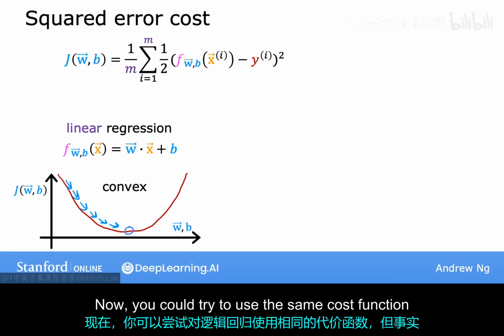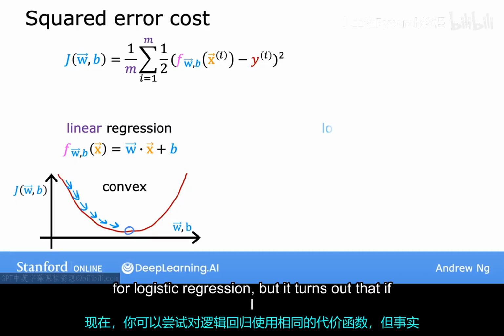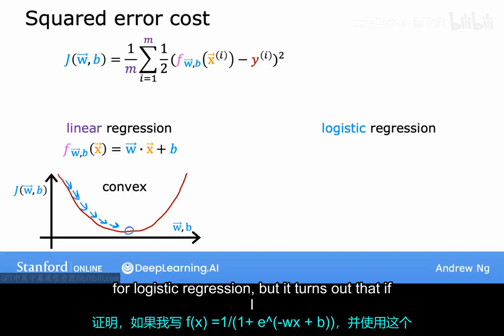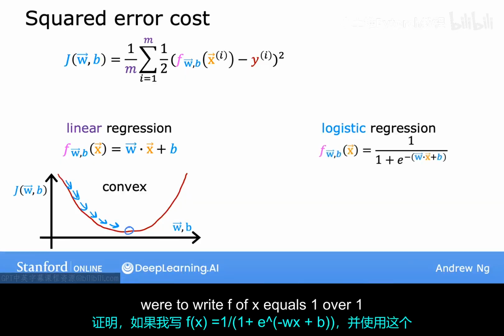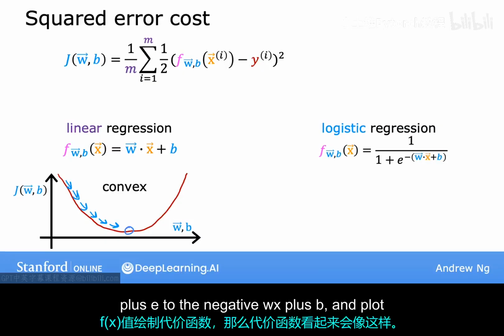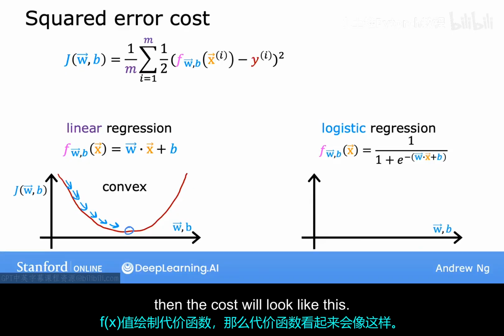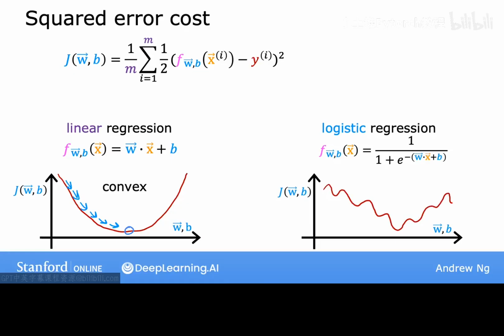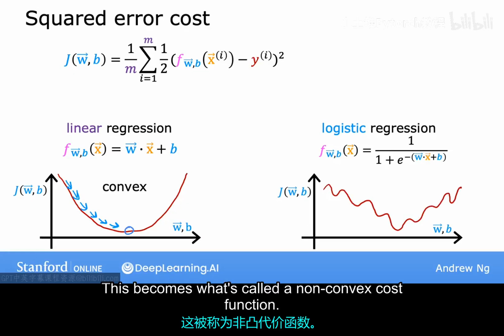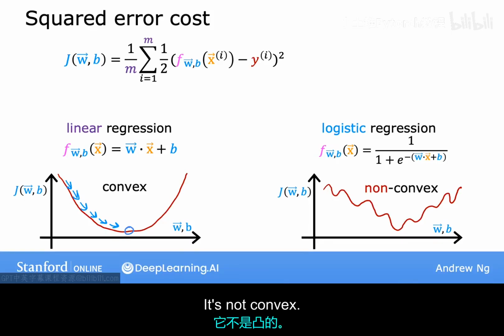Now, you could try to use the same cost function for logistic regression, but it turns out that if I were to write f of x equals 1 over 1 plus e to the negative (wx plus b), and plot the cost function using this value of f of x, then the cost will look like this. This becomes what's called a non-convex cost function. It's not convex.